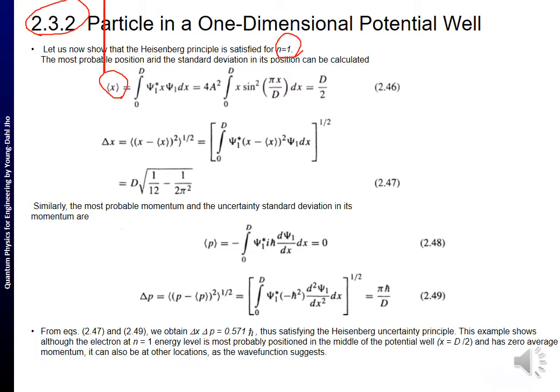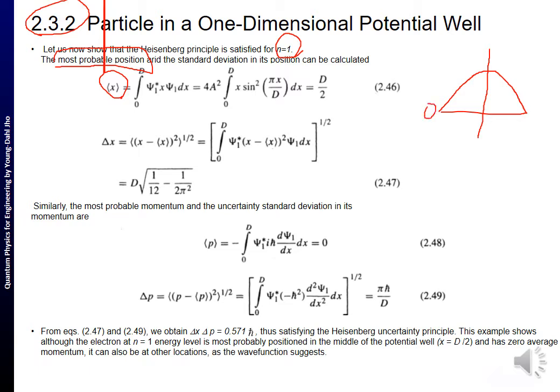Then, so this is the most probable position. Actually, we know the wave function shape of psi 1. Okay, psi 1 was symmetric from the center of the quantum well.